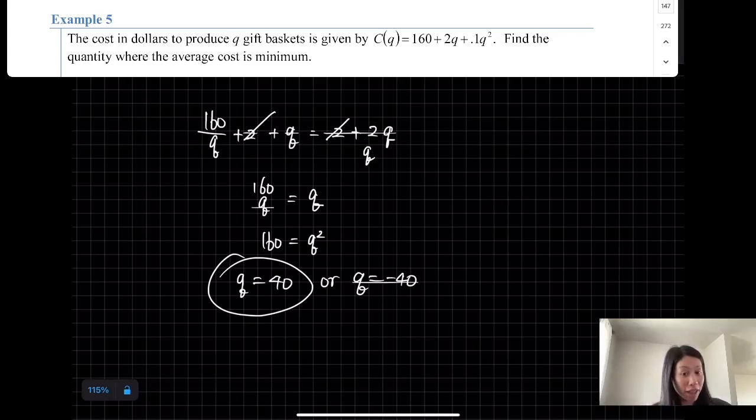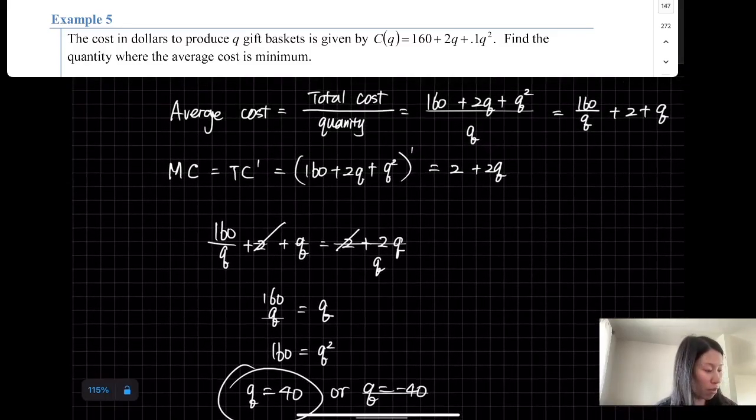We can also check if this is correct. To find the average cost, we know that our average cost function is here.